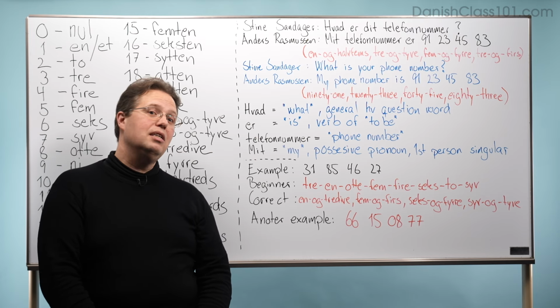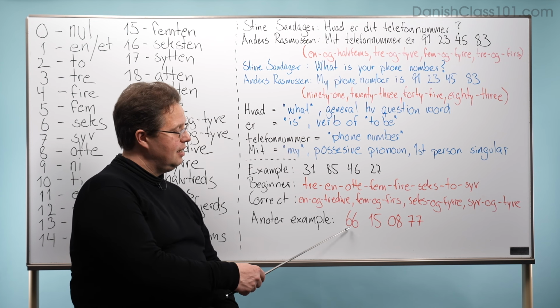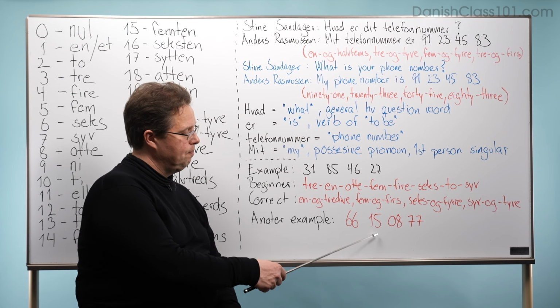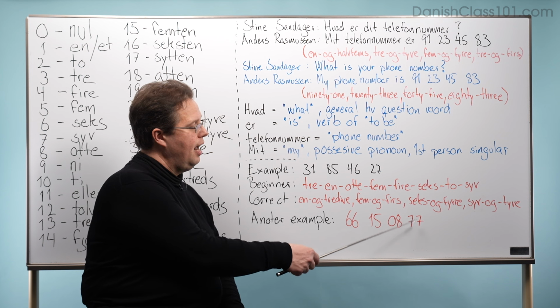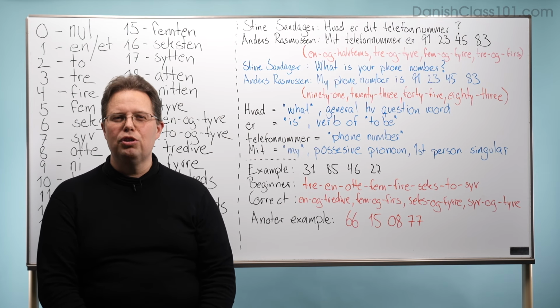All right, you definitely need to practice a little bit here. So, here's another example, the last one. Let's see if we can do that together. 66, 15, 08, and 77. Let's see if we can do the beginner version of that. Only single digits for this one. You ready?